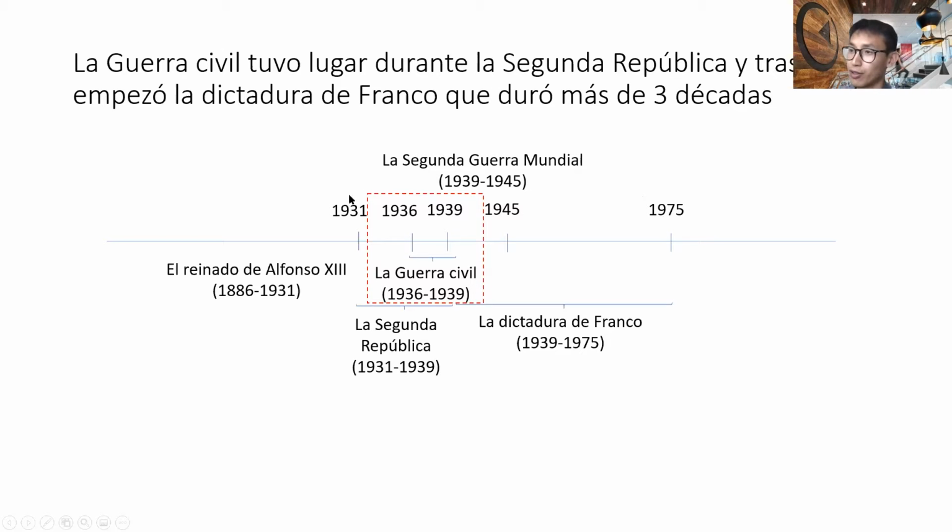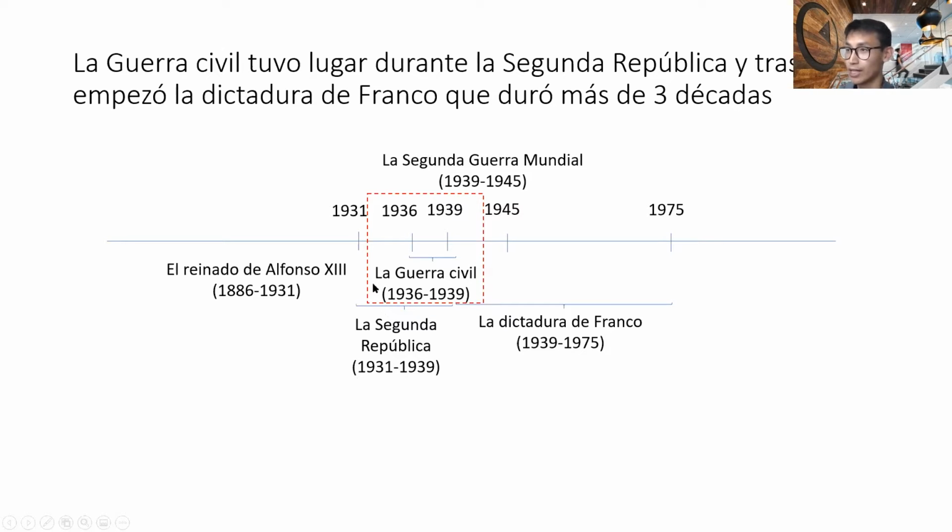Before 1931, Spain was ruled by Alfonso the 13th. And then there's this republic, so the king was no longer ruling. You have kind of a democracy, but it only lasted a few years before there was the Civil War.